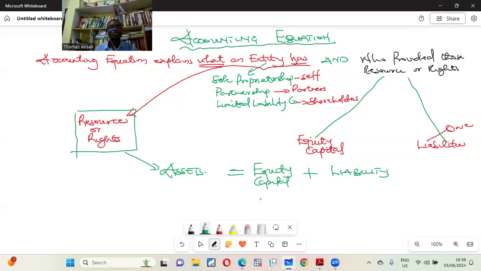All right. So what we're going to do is to probably break down what an asset is, go deeper. All right. Then go deeper into equity, then go deeper into liabilities. All right. With each stage, we are going to learn how to do recording business transaction, which is what? Bookkeeping.